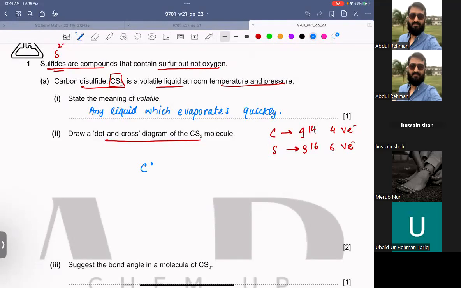Carbon shares 2 electrons with one sulfur, and the remaining 2 electrons with the other sulfur. As sulfur is in group 16, it has 6 valence electrons. Each sulfur atom shares its 2 electrons, so it is left with 4 electrons. So I would make 2 lone pairs over here and over here. Is this clear to everyone?